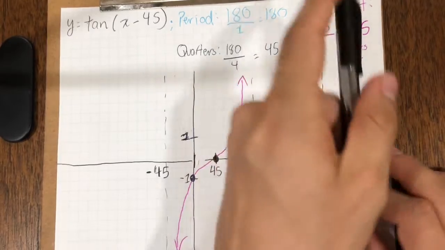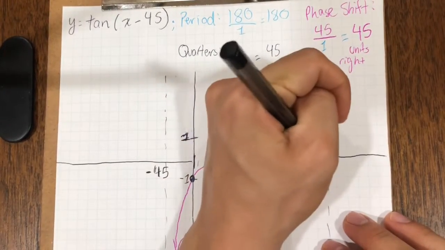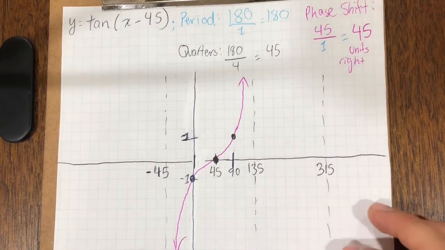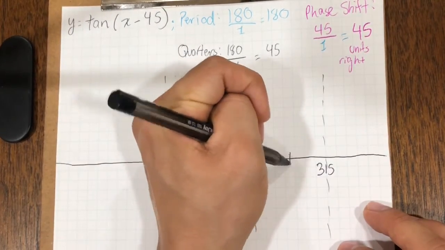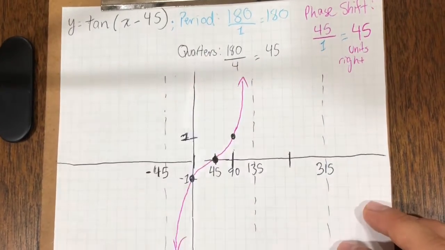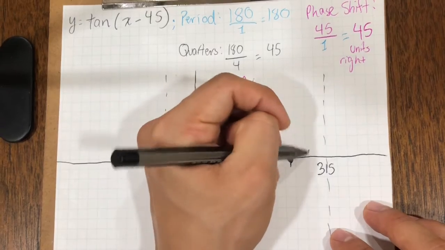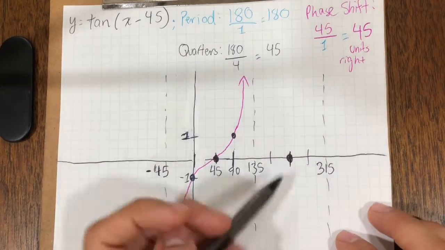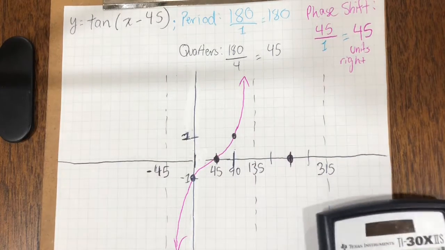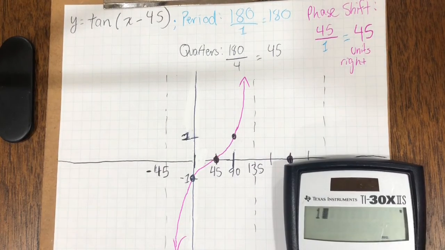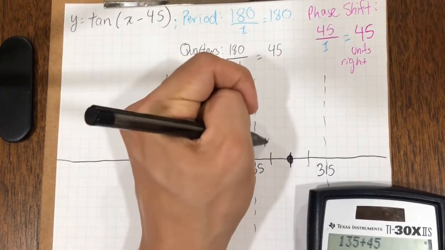Oh, my pen ran out. Let me use another black one. 315. All right. So now I'm going to get my midpoint. All right, and then my two halves. And now we know that each x value is going by 45. So if I take 135 and add it to 45, I get 180. So I'm going to put it up here.